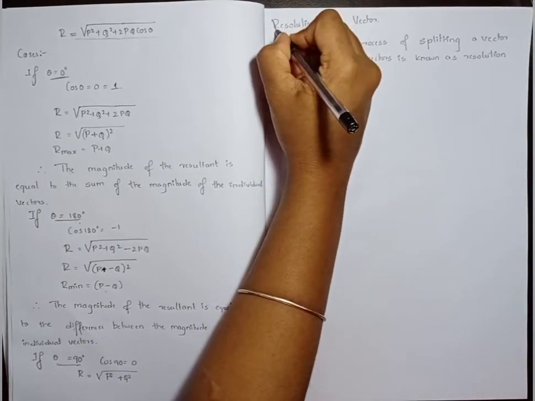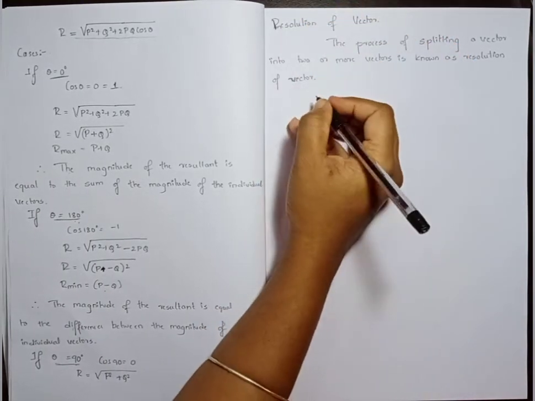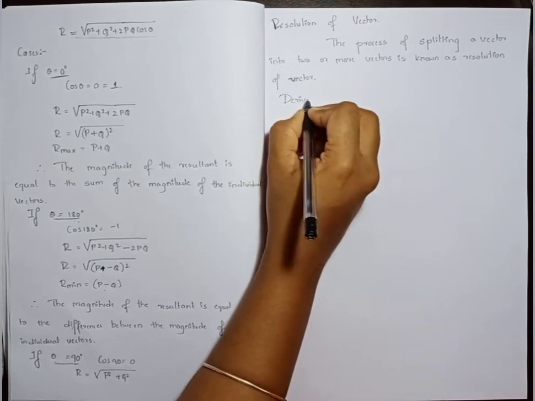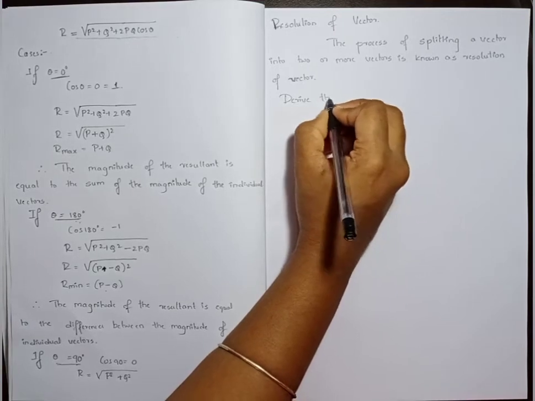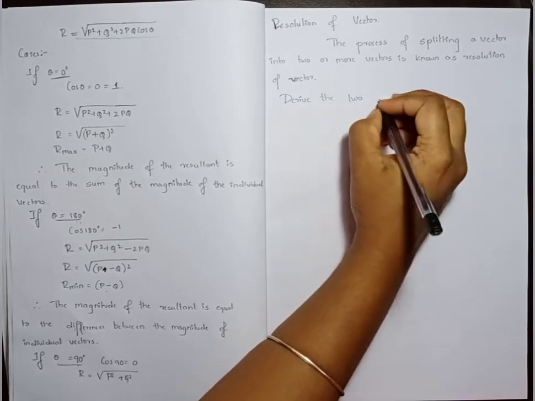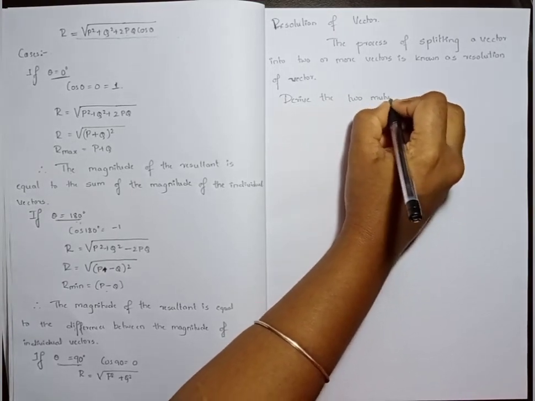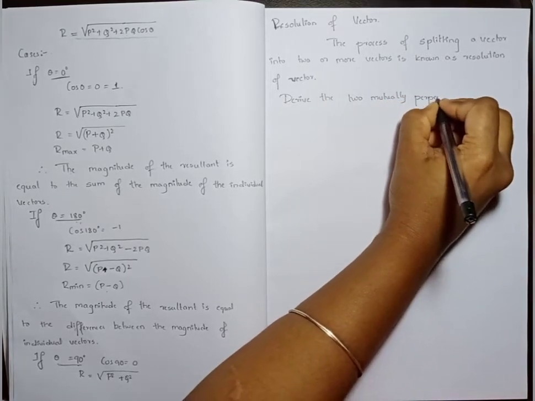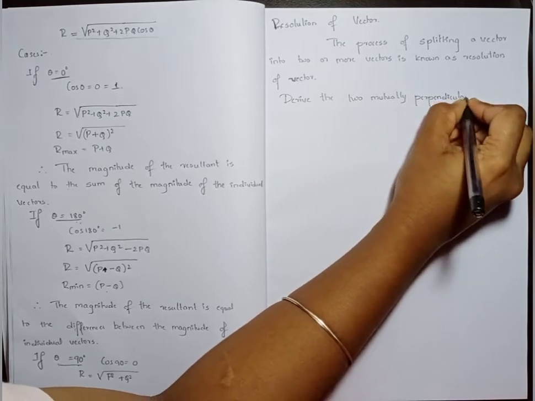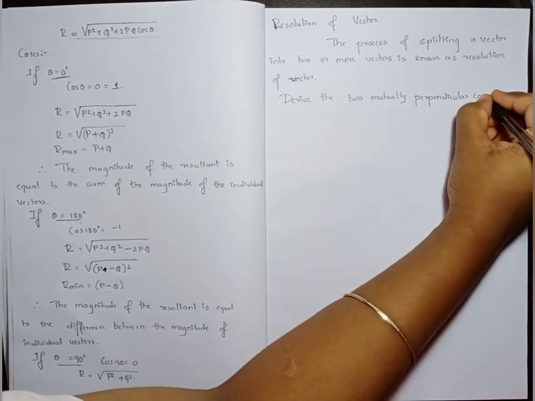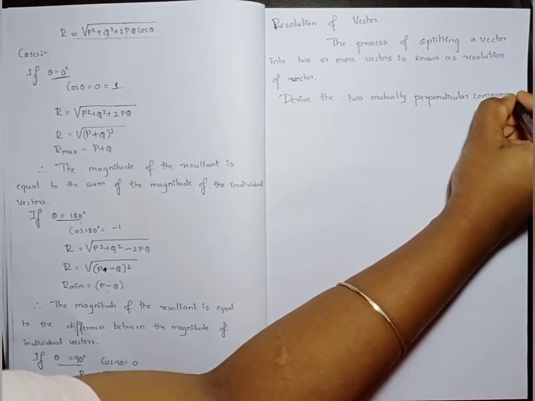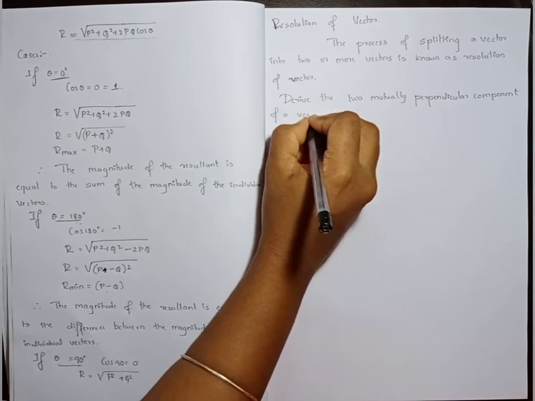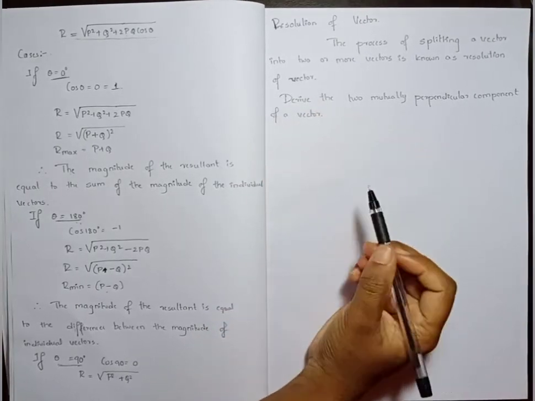From the examination point of view, they will ask a question like, derive the two mutually perpendicular components of a vector.